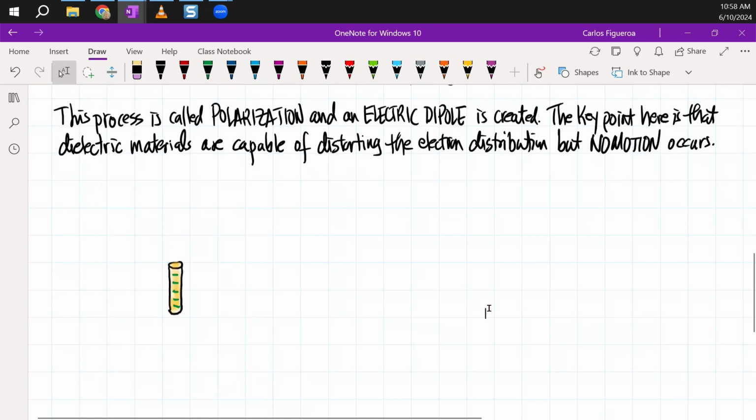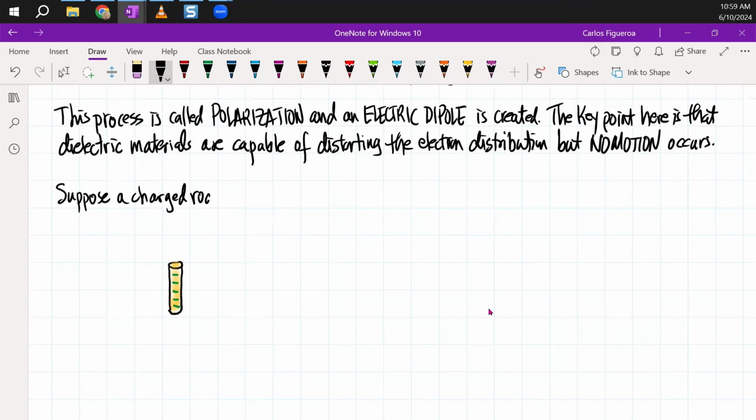Suppose a charged rod is brought near a neutral dielectric.